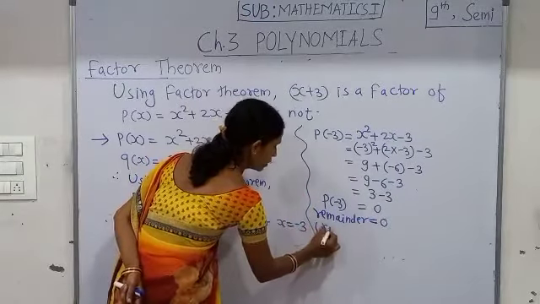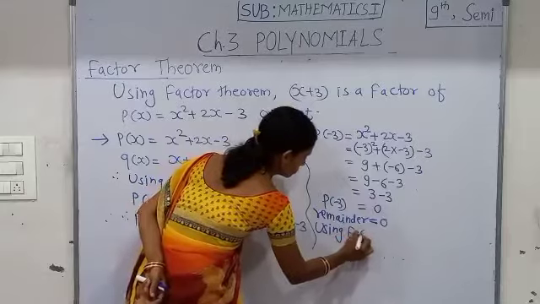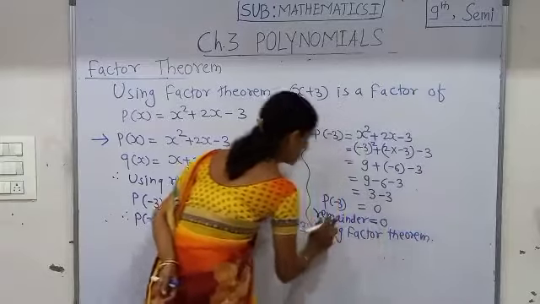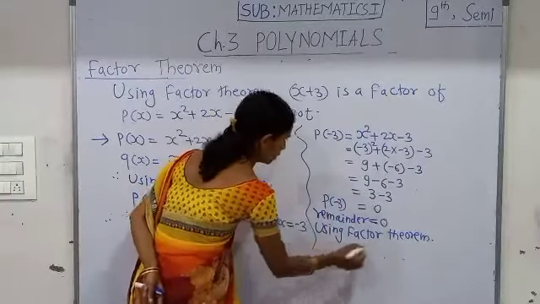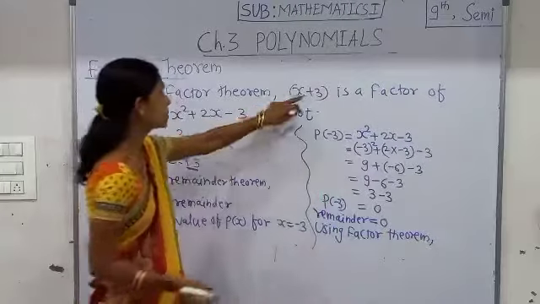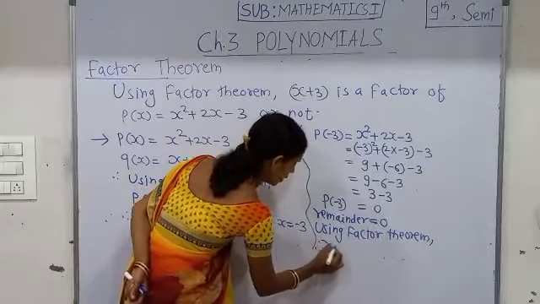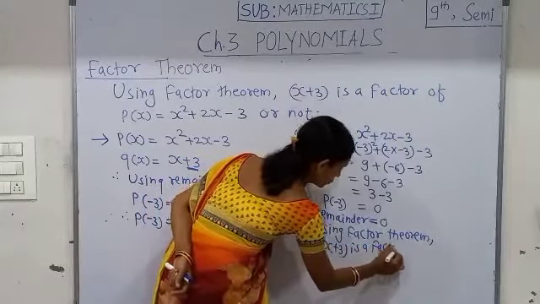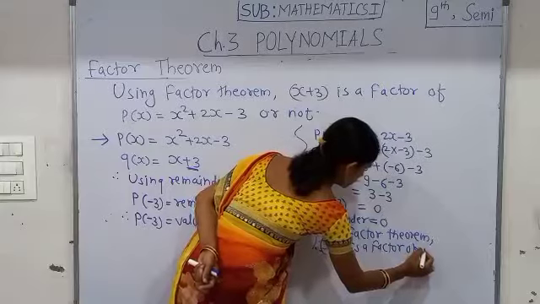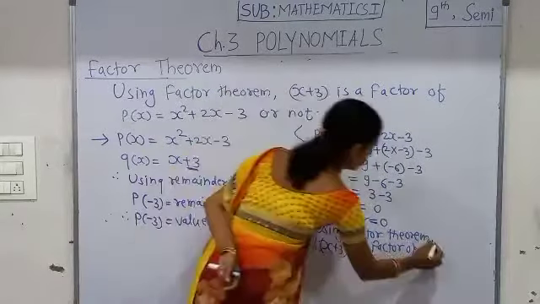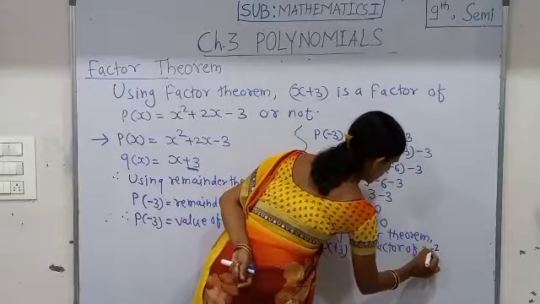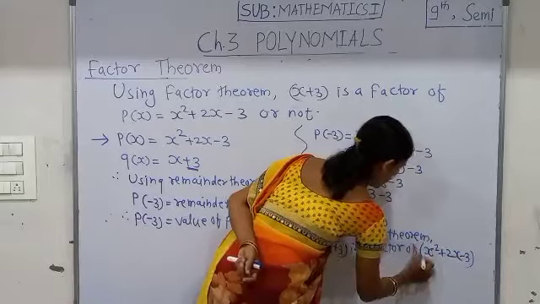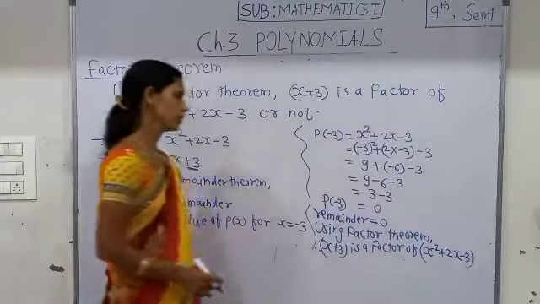But using the factor theorem, if the remainder is 0, then x plus 3 is a factor of the polynomial x square plus 2x minus 3.